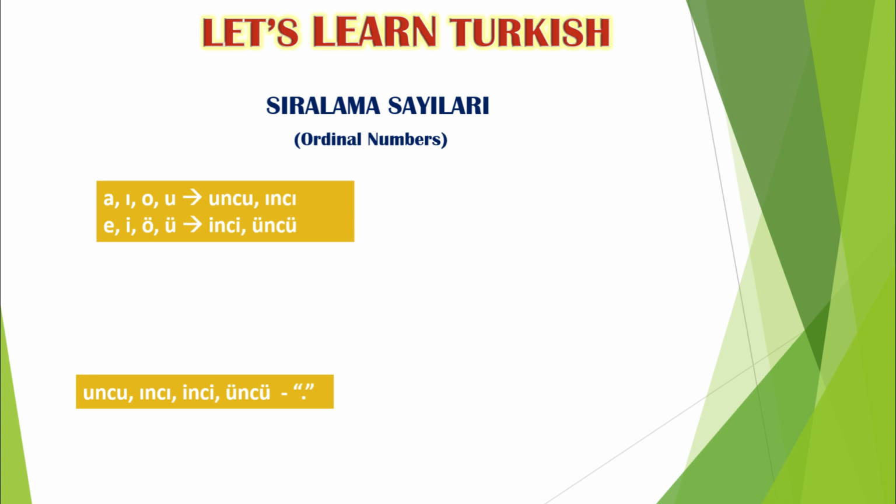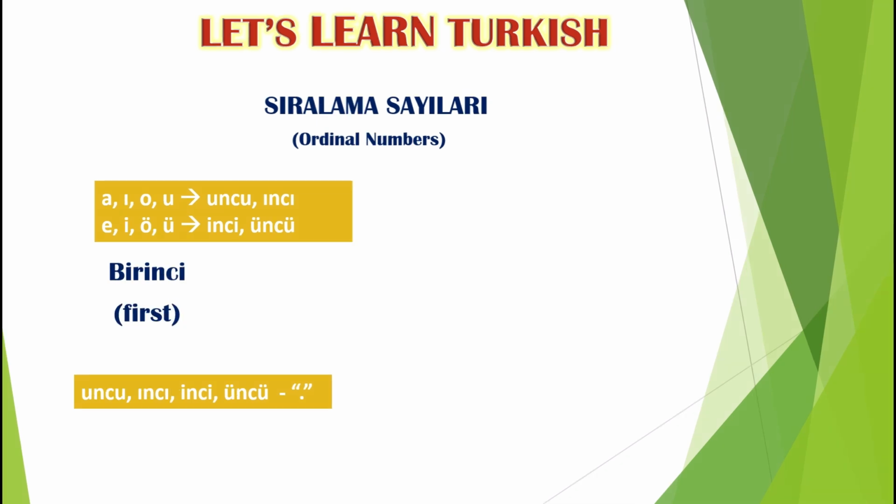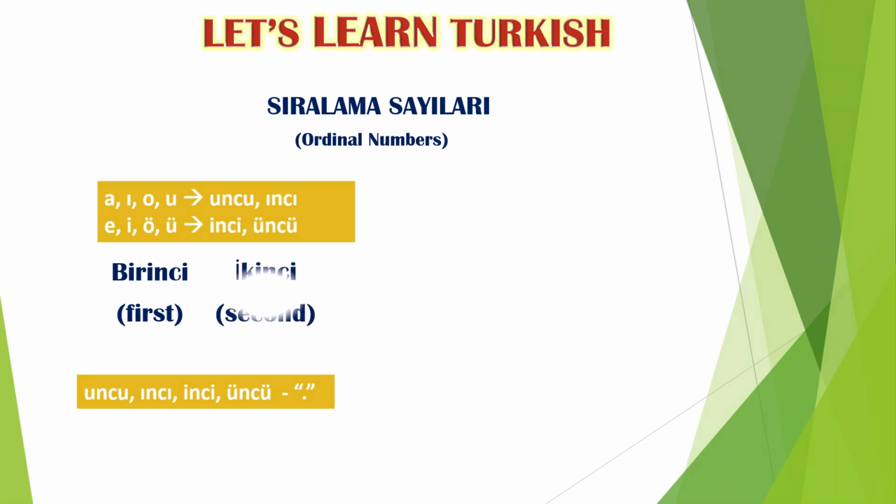When the number contains one of the vowels e, i, ö, ü, the suffix added to the end of the number is inci or üncü. Let's see some examples. Birinci. Bir contains the vowel i and it takes the suffix inci and it becomes birinci, ikinci, üçüncü, dördüncü and beşinci.